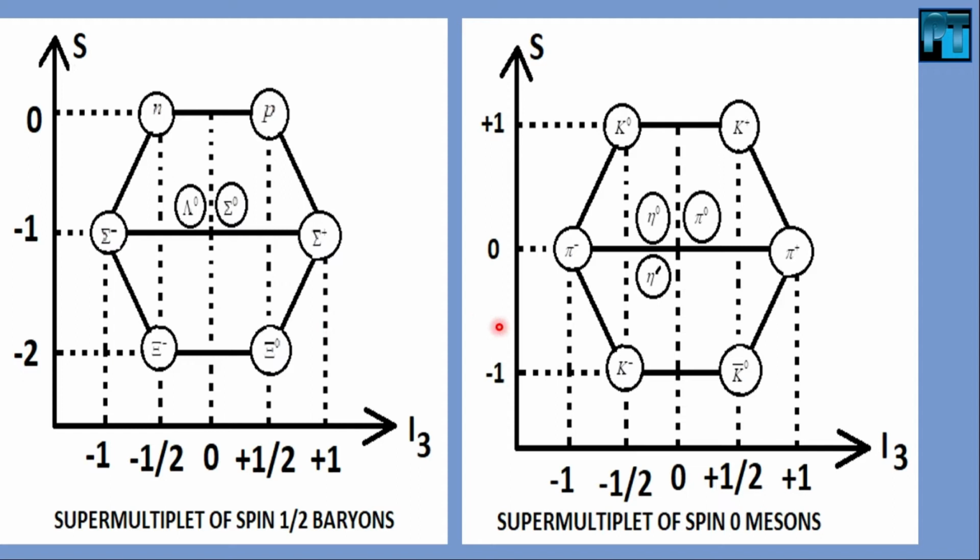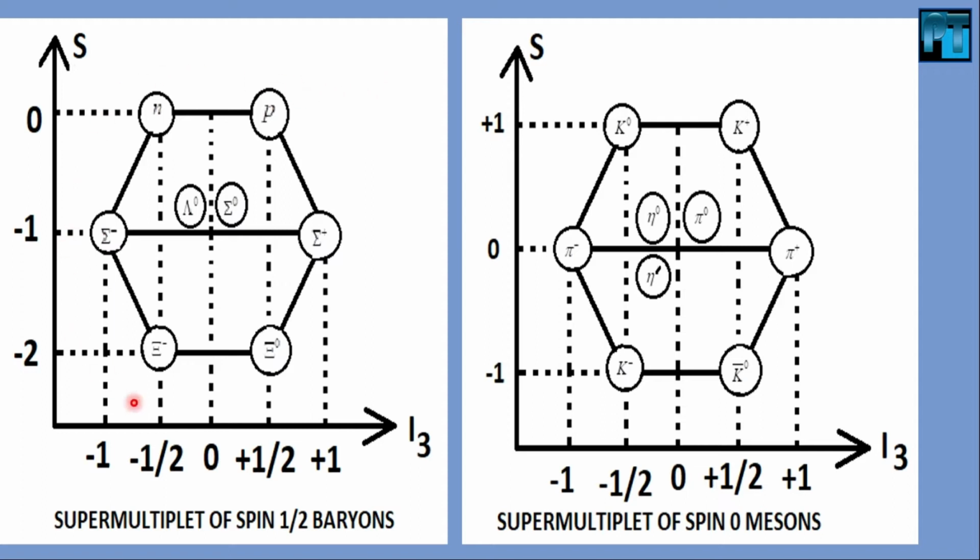Now you don't have to cram everything, the formulas, the quantum numbers, no need to cram anything. Only remember some particular formulas, and from these pictures you are very clear about I3, S, and Y equal to S plus B. So the different quantum numbers are very easy from these 2 pictures particularly, and these 2 pictures will soon explain your quark model also.